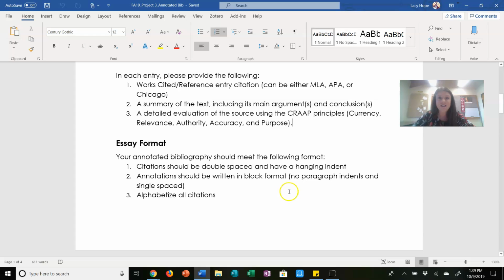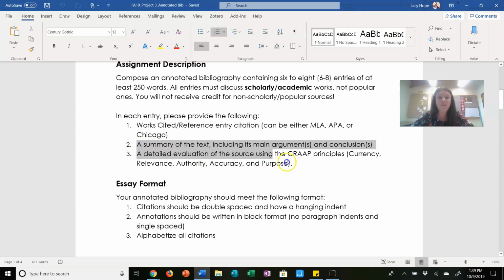The annotations, so that's going to be the summary of the text and the detailed evaluation, should be written in block format, which means that there is no indent in the paragraph and it is single spaced, not double spaced. Your citation is double spaced with a hanging indent. Your annotation should have no indent and should be single spaced.